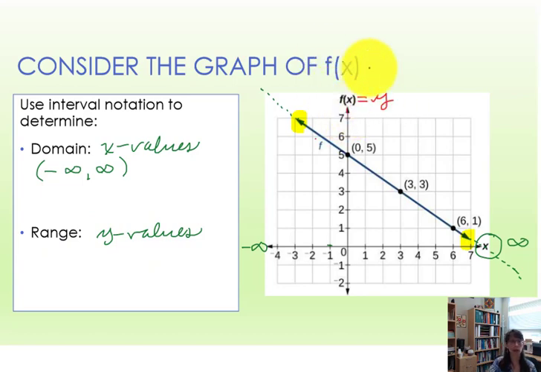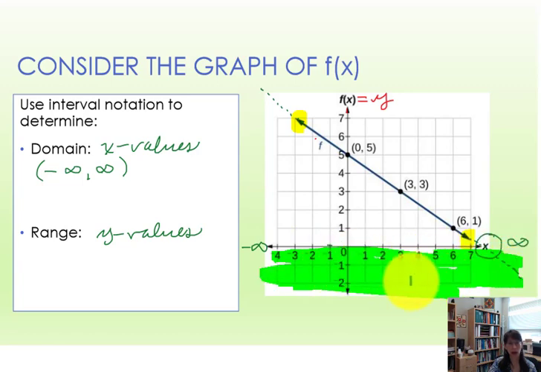For the range, we're looking at y values, or f of x, if it's written with function notation. So considering the values for y, if we look at the smallest values of y, those would be below the x-axis. These are where y assumes a negative value. And we can see that our line is going to fall down here, and it continues down forever, right? So those values of y go to negative infinity.